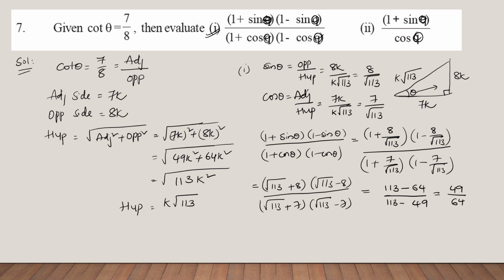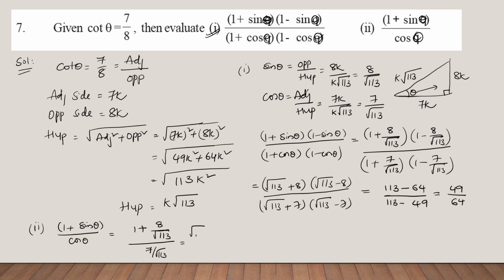Okay, next moving on to question number 2. What is question number 2? It is (1 plus sin theta) by cos theta. This also we can directly substitute. So sin theta is 8 by root 113, divided by cos theta, which is 7 by root 113.